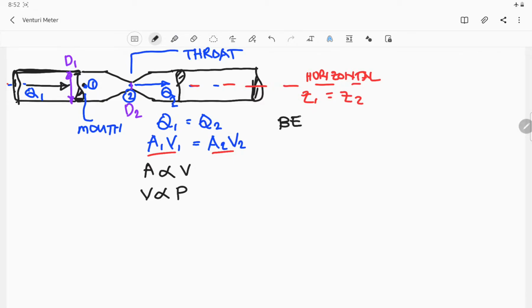This is the Bernoulli's energy equation. The total energy at point 1 is equal to the total energy at point 2.